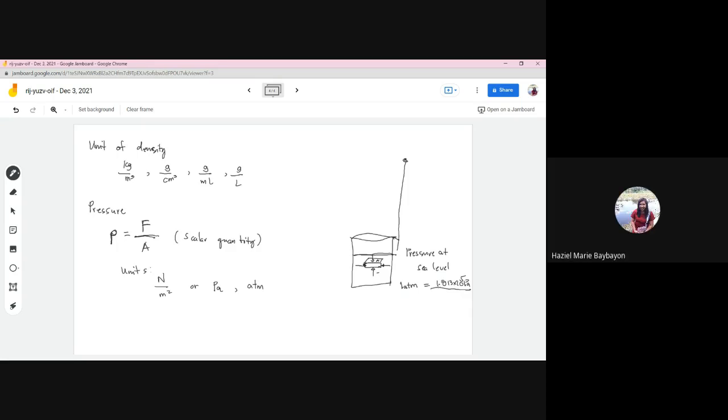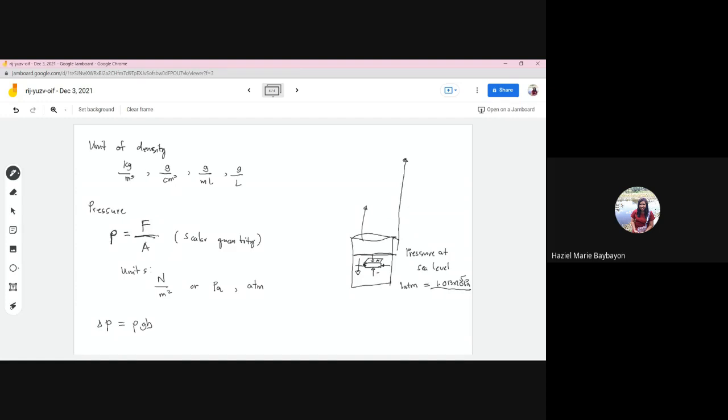Okay. Now if there are changes in the height, going down or up, the pressure also changes. So the change in pressure can be quantified by this: rho GH.